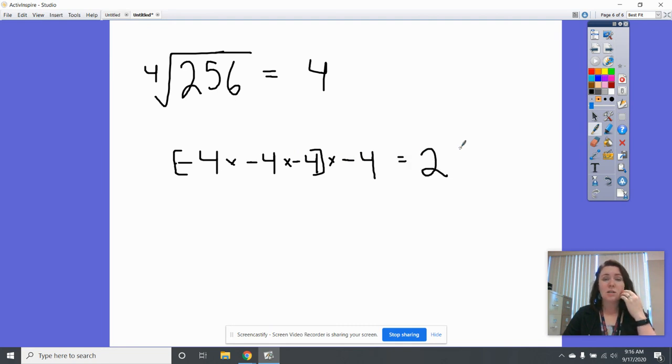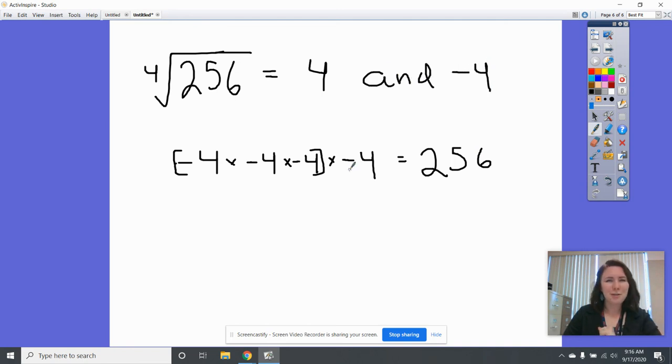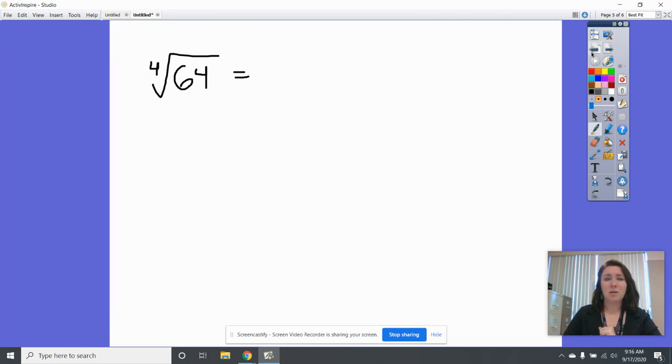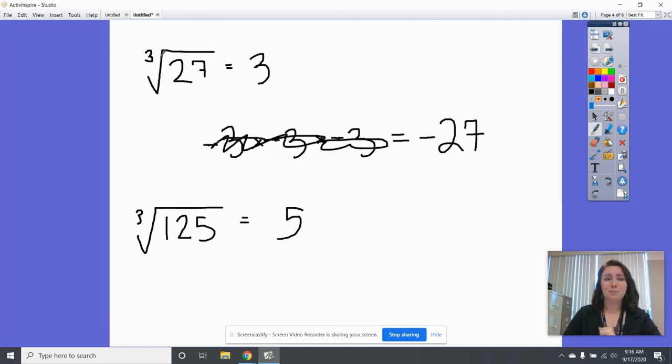So this one does work. So it's 4 and negative 4. Fun fact: whenever your root is even, then the positive version and the negative version both work. Whenever your root is odd, like we did back here, then only the positive version works. So that is roots other than just square roots.